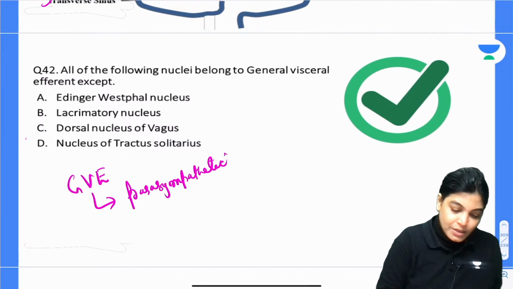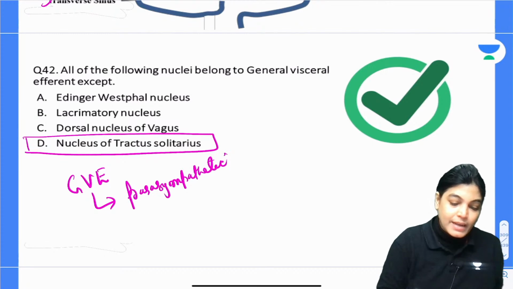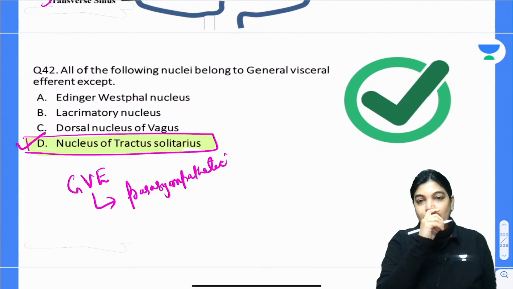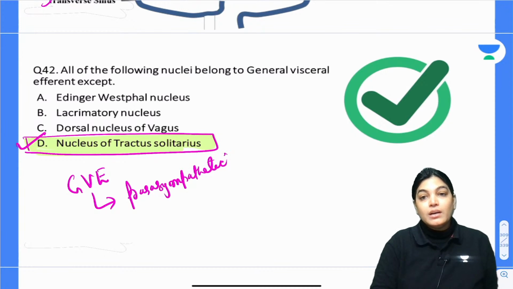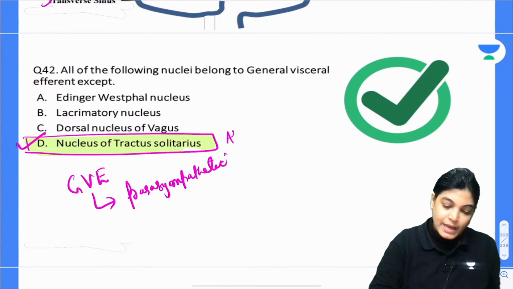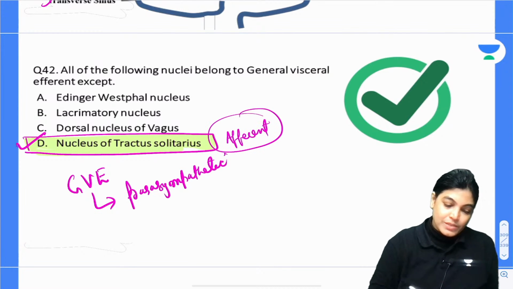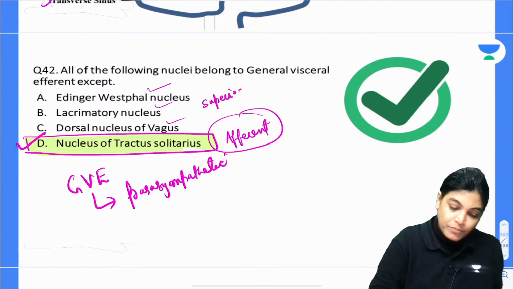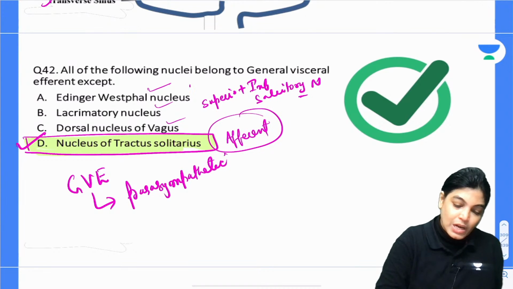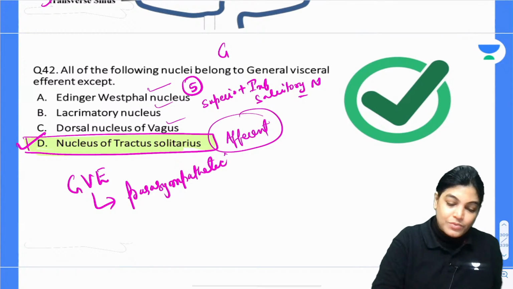In this category, the nucleus of tractus solitarius is the correct answer, because it carries afferent fibers. It is the cranial nerve nucleus for special visceral afferent and general visceral afferent, not the general visceral efferent. Edinger-Westphal, lacrimatory, dorsal nucleus of vagus, along with the superior and inferior salivatory nuclei, are the five nuclei of general visceral efferent.